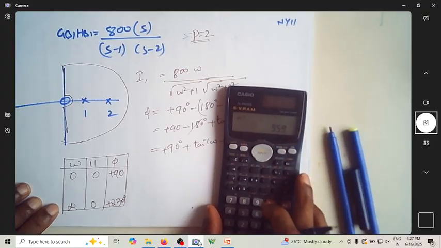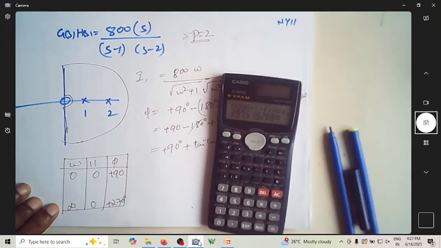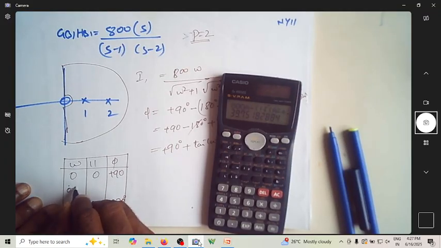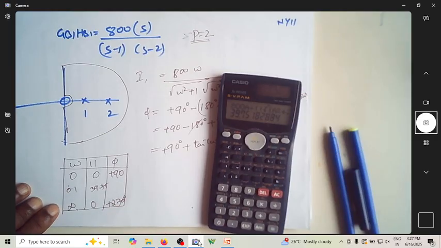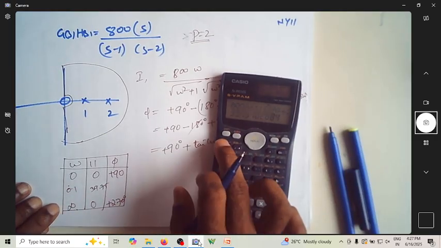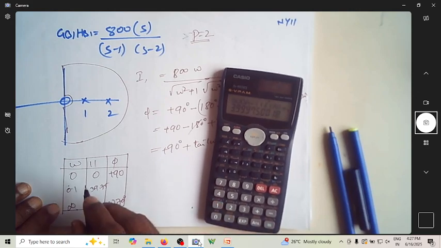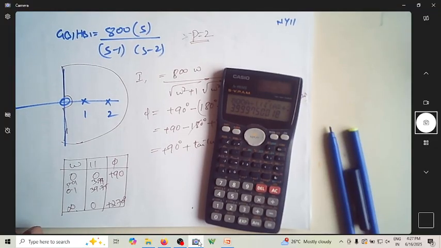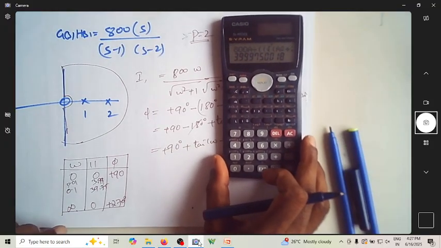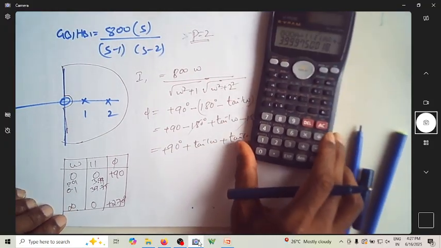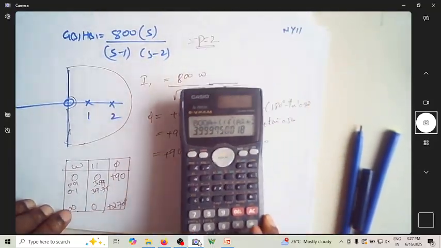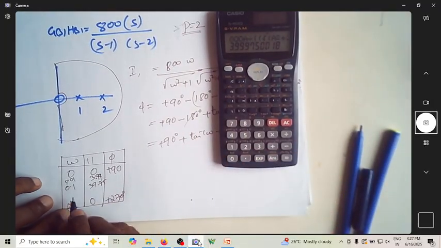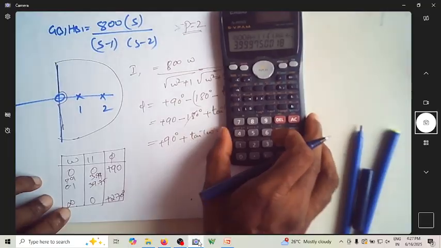Calculate for 0.1. At 0.1 it is 39.75. Calculate at 0.01. At 0.01 it is 3.99. Correct?